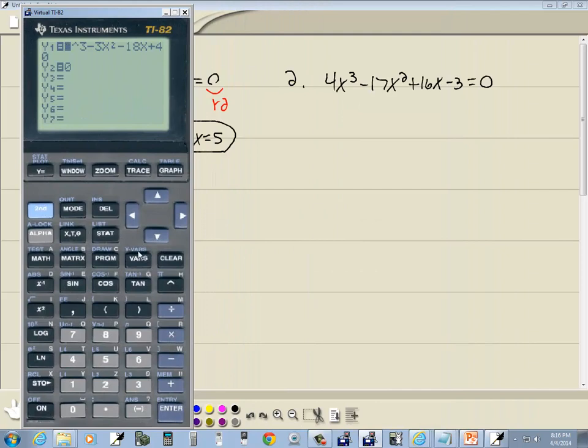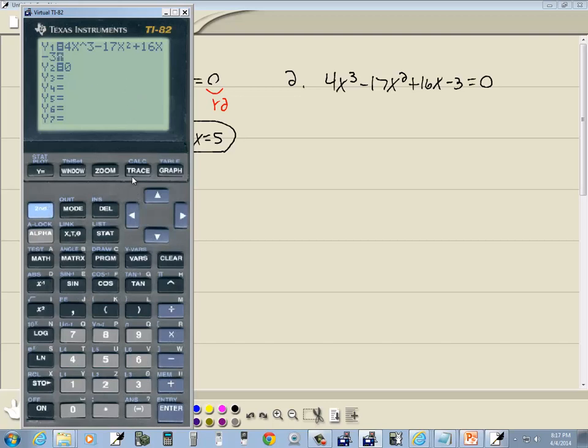So I'm going to press y equals, clear, 4 x key caret 3 for my 4x to the third minus 17 x key x squared plus 16x minus 3. And you have to have 0 on y2, which you should already have there, so you don't have to bother putting it there again.